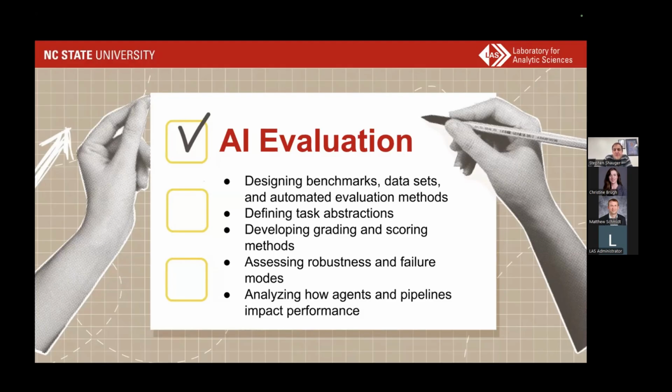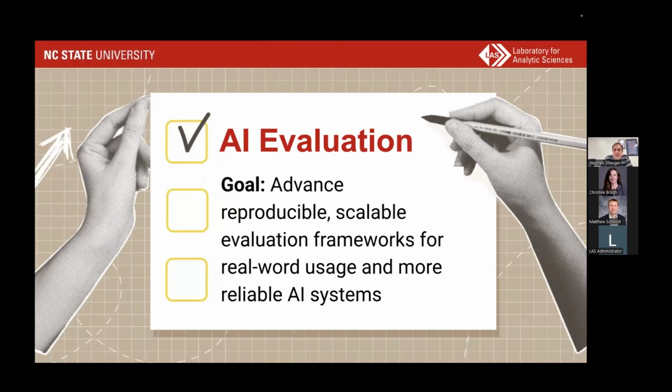There are a lot of interesting research problems there. A lot of people are working in this area. We're, of course, interested in this in conjunction with our second set of 2 research areas that I'm going to talk about in a second. But the idea here is that we're trying to advance reproducible evaluation frameworks for AI systems.